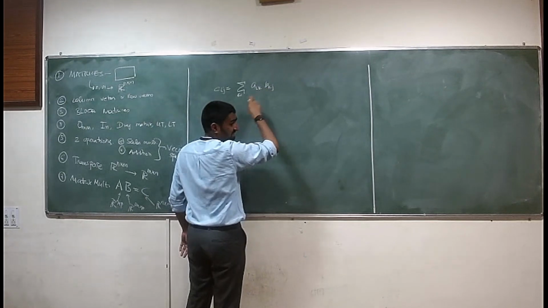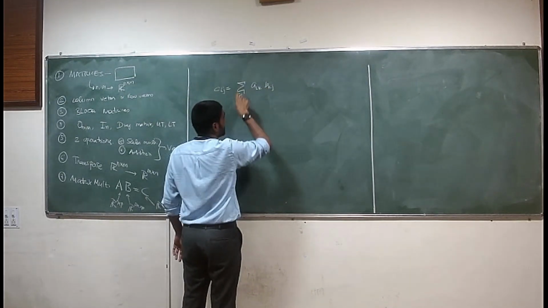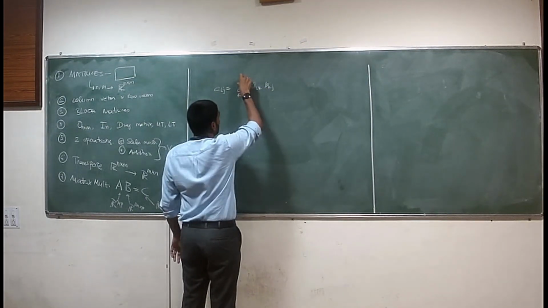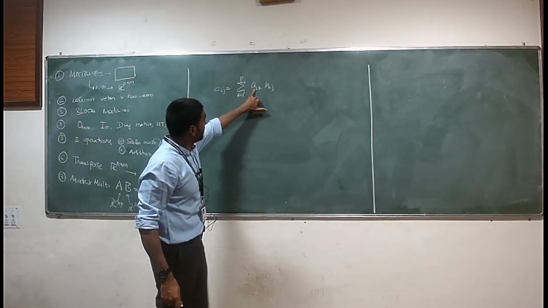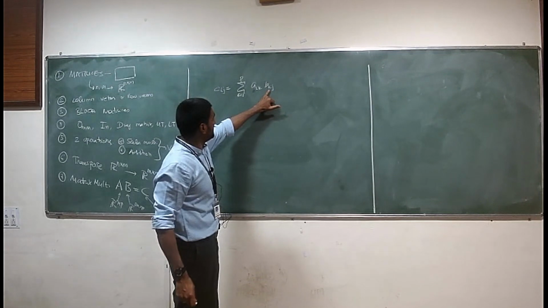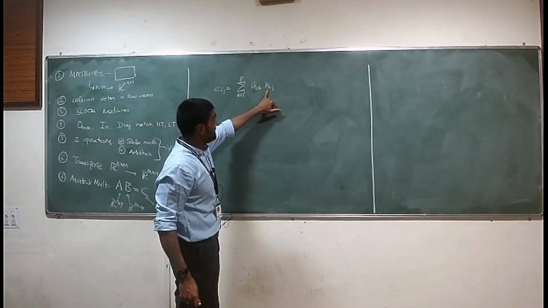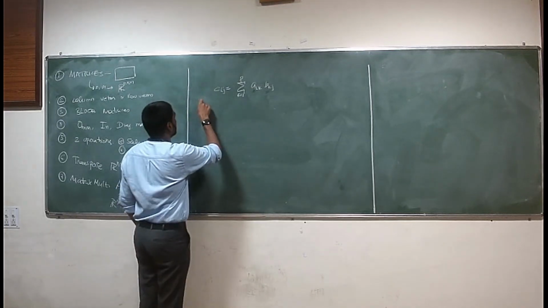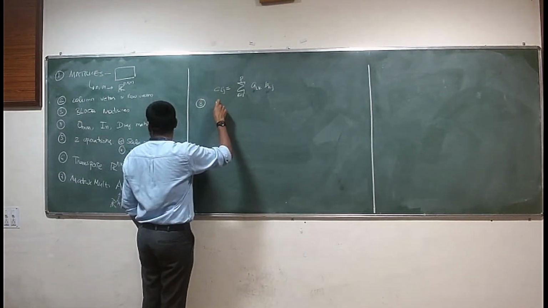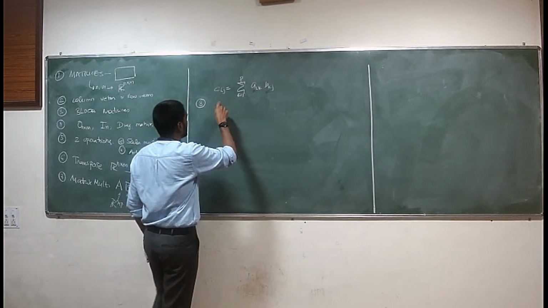A_ik times B_kj. That means you take the elements of the ith row of A and the jth column of B, multiply the individual elements, and then add them all together. And then we looked at simpler cases of matrix multiplication.